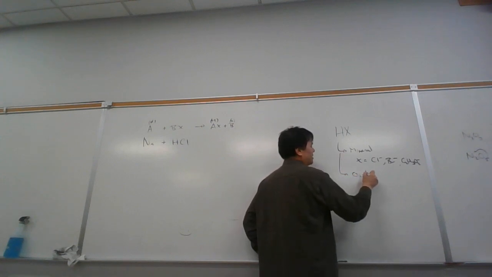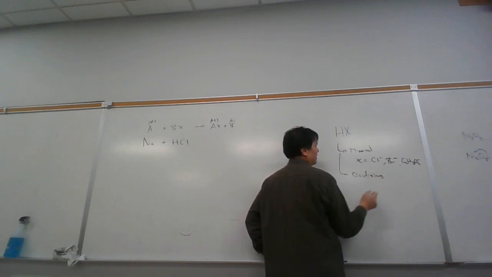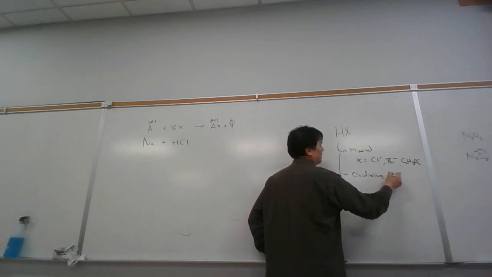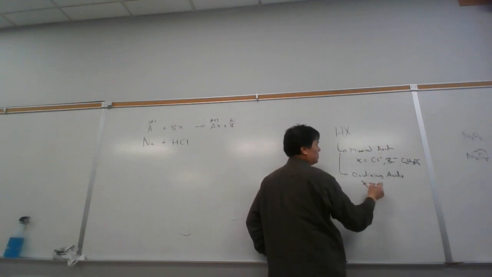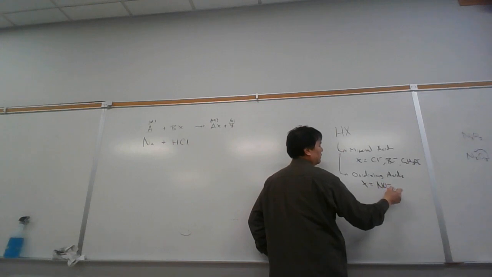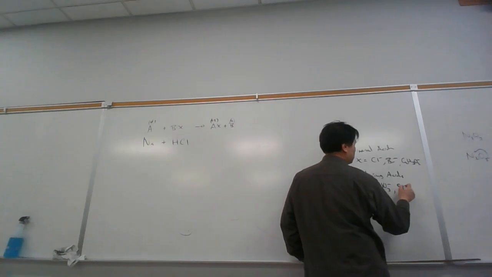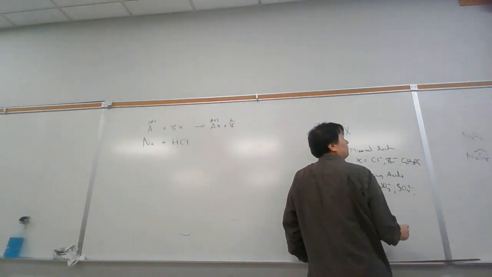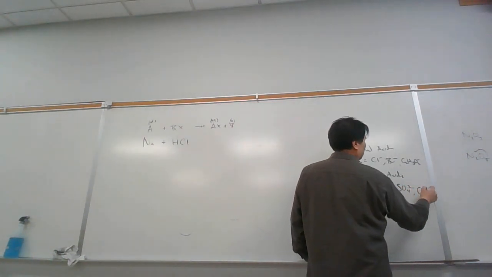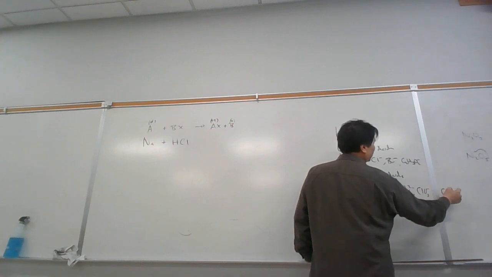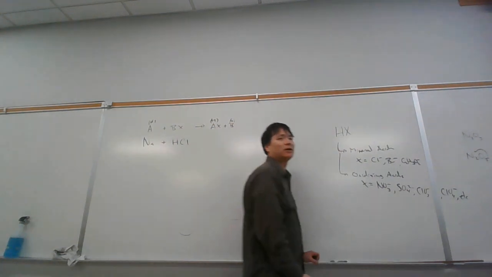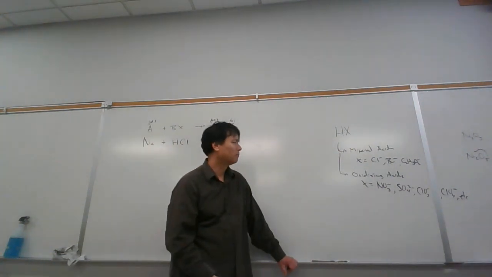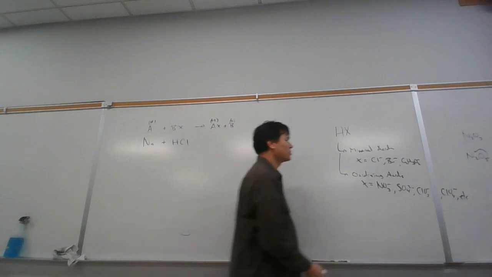In oxidizing acids, X is equal to things like nitrate, sulfate, chlorate, perchlorate, etc. What do all these species have in common? Oxidizers. Yeah. All these are electron poor.